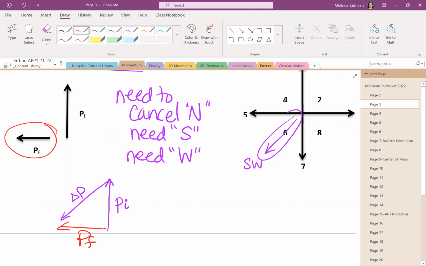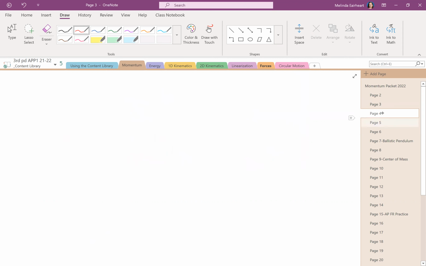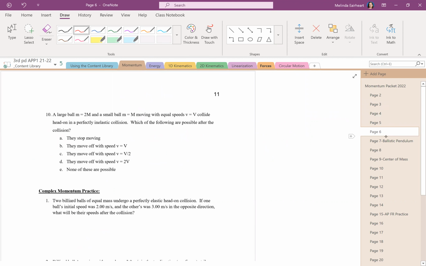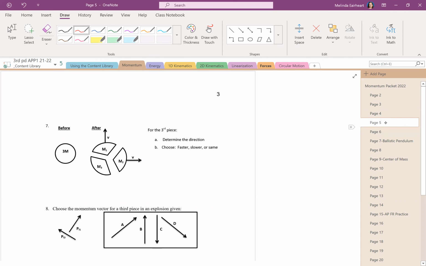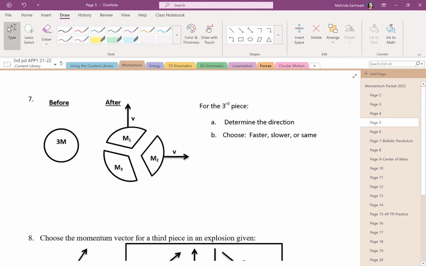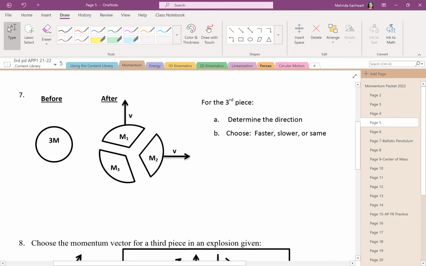All right, so before y'all try number 6, or I'm sorry, page 4, I actually want to go do page 5. Got some more vector practice and conservation of momentum. By the way, I should have done earlier that baseball problem we did. What type of collision was that? When you hit a baseball.